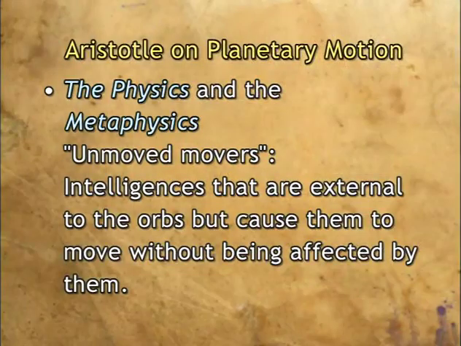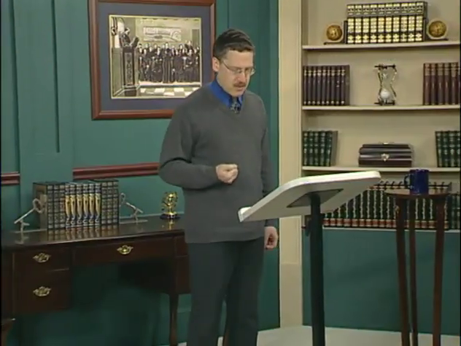But in the physics and the metaphysics, he talks of what he calls unmoved movers, which are some kind of intelligences that are external to the orbs, but cause them to move without being affected by them. In some places, it seems that he even says that the spheres are ensouled, that they're alive or intelligent and move themselves.